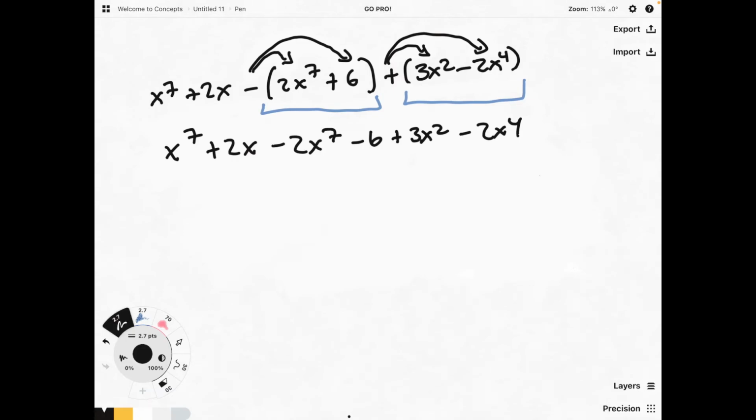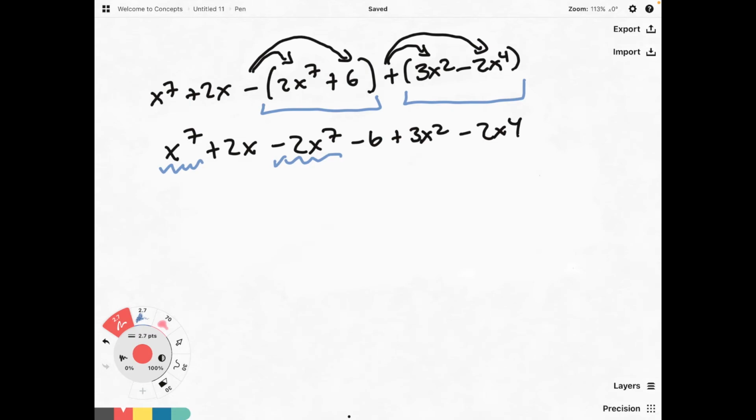So now we look at our apples and oranges concept. What I like to do, as in the last problem, and what I would recommend you do, is identify like terms. If you identify like terms, then there will be no way you can make a mistake. So we see x to the 7th, and there are 2 terms that are similar to that.